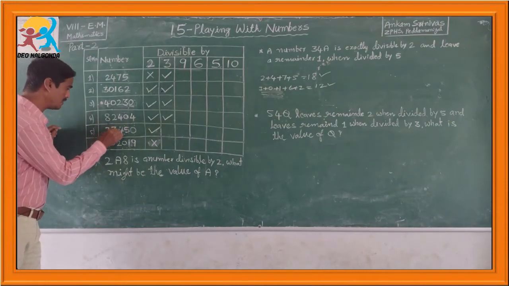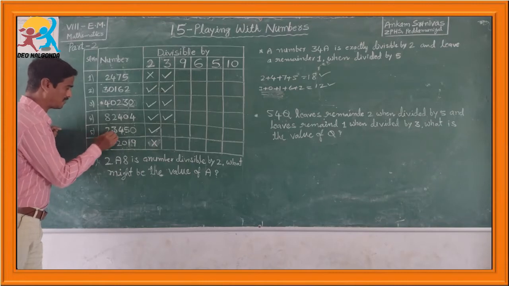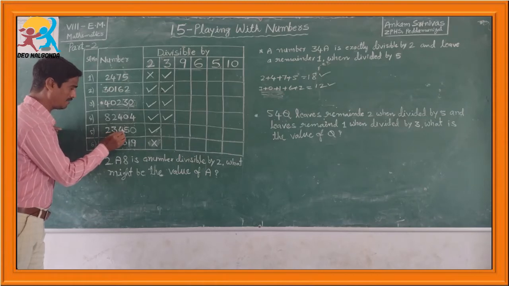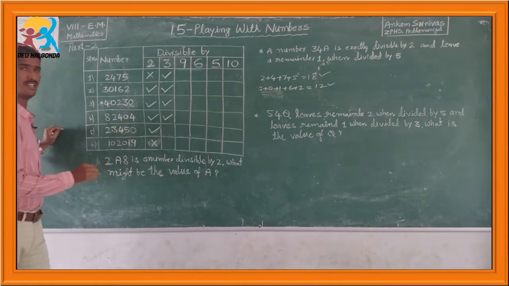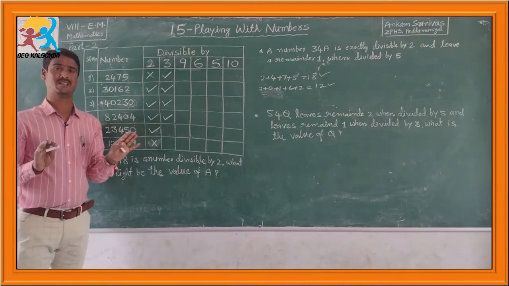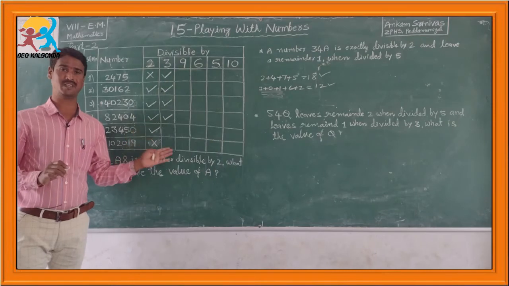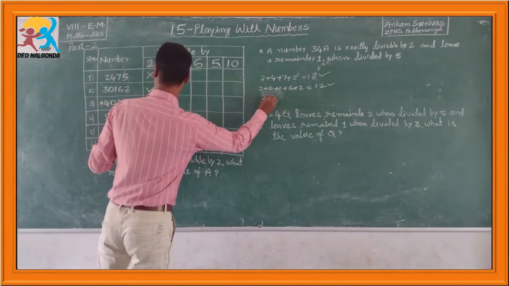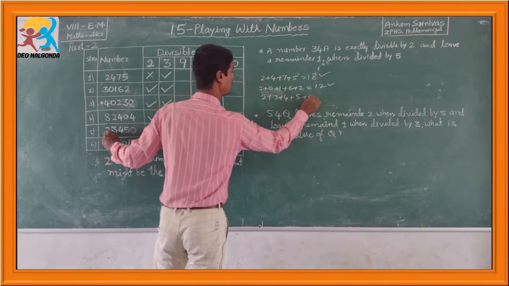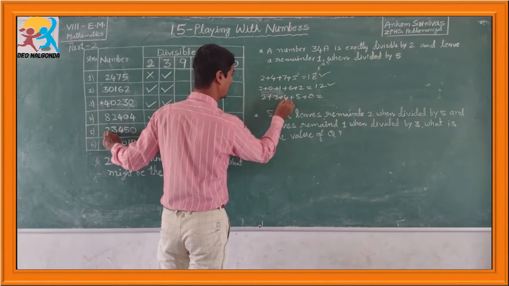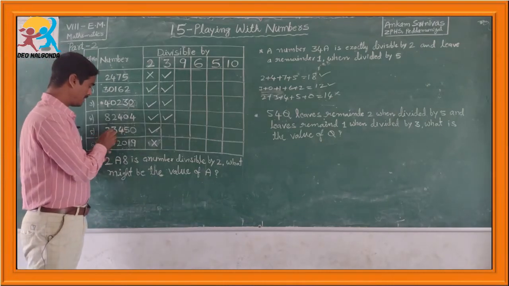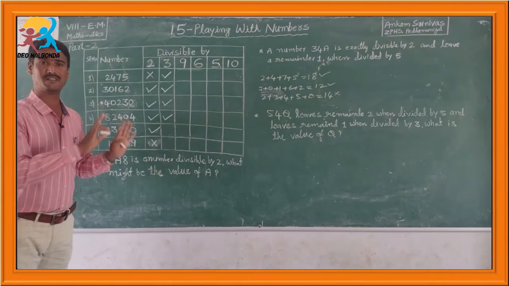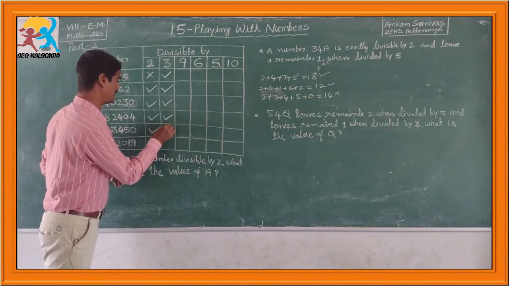And here, this number, 2 plus 3 is 5, 5 plus 4 is 9, 9 plus 5 is 14, 14 plus 0 is 14. 14 never comes in the 3 table. 3 fours are 12, 3 fives are 15. 14 never comes. So the given number 23,450 is not divisible by 3.